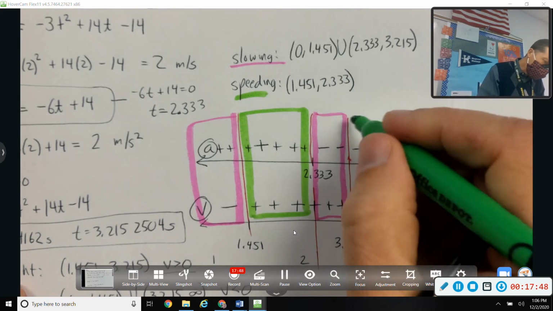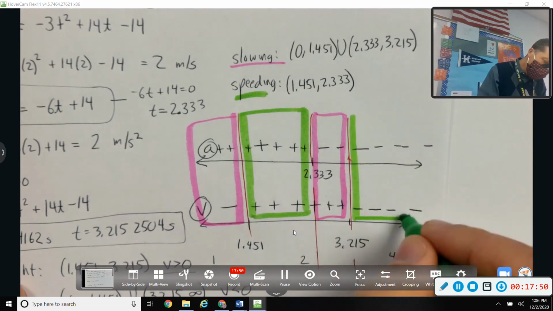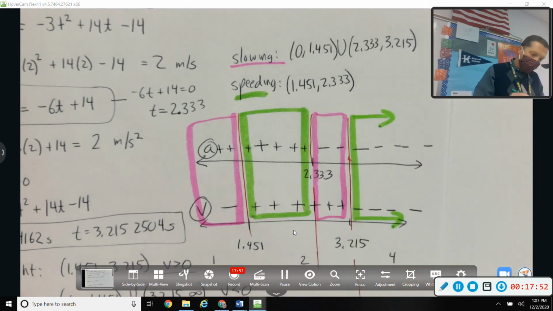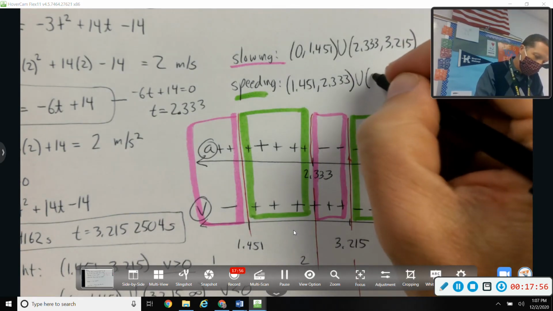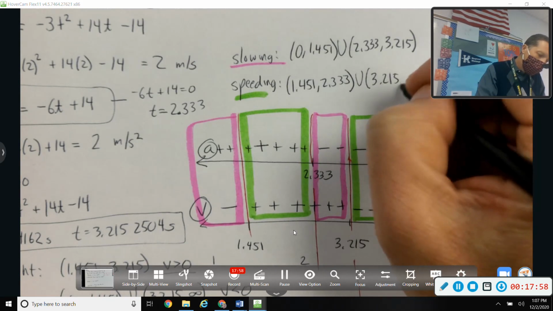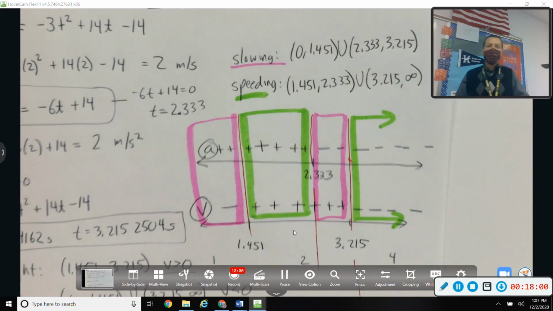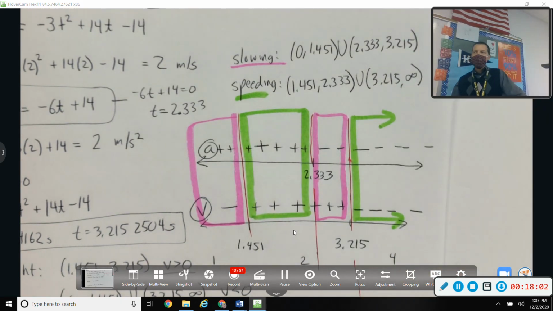And then from there on, the signs match, so we're speeding up after that, although speeding up in the negative direction, so speeding up backwards. All right, that's a lot of stuff going on in that problem.